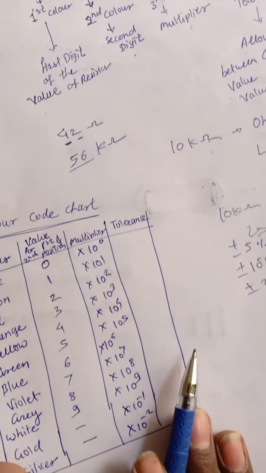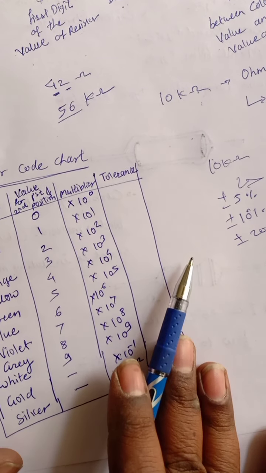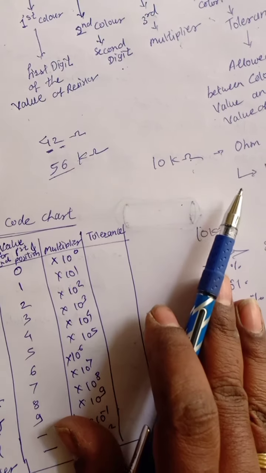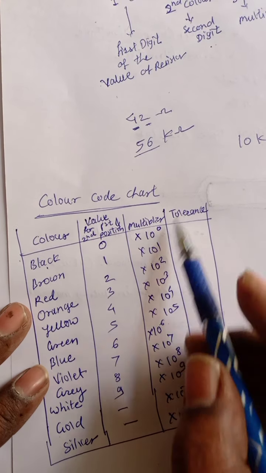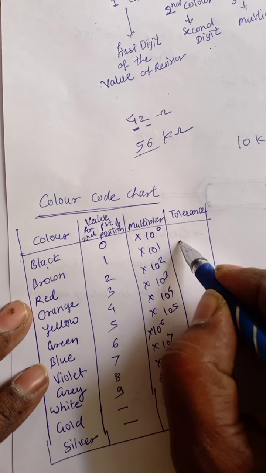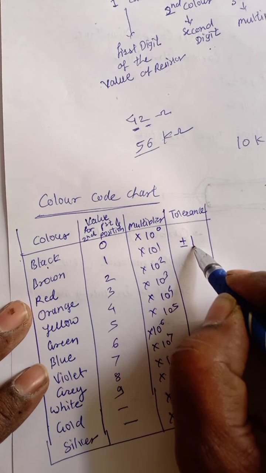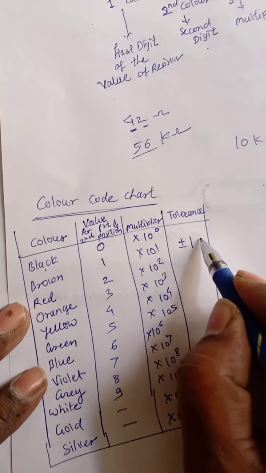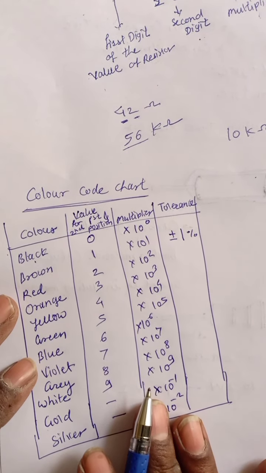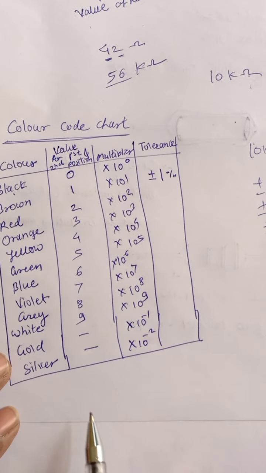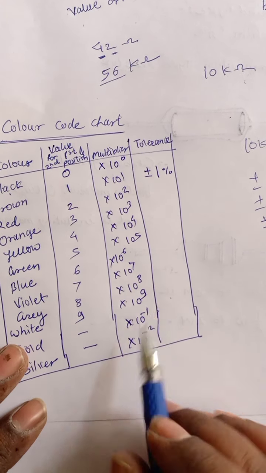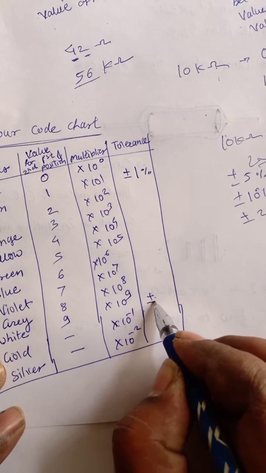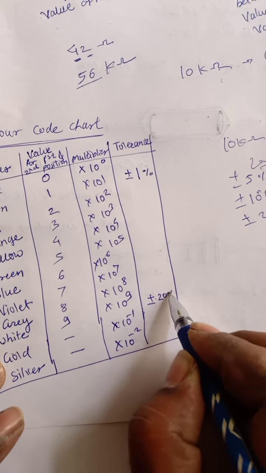In tolerance, only a few colors are used at the fourth color band. Brown may be used at the tolerance position, and it gives a tolerance of plus minus 1%. Then if white is at the tolerance position, it shows plus minus 20%.